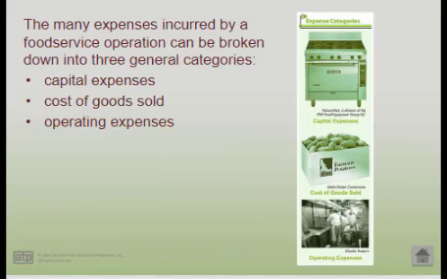Some of the major operating expenses of a food service operation include payroll expenses, Social Security and unemployment taxes, rent, interest, utilities, insurance, and license and supplies.